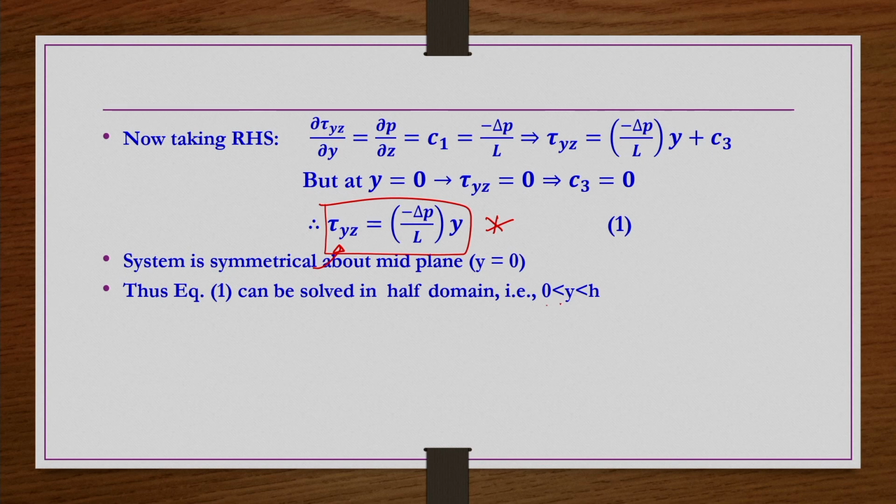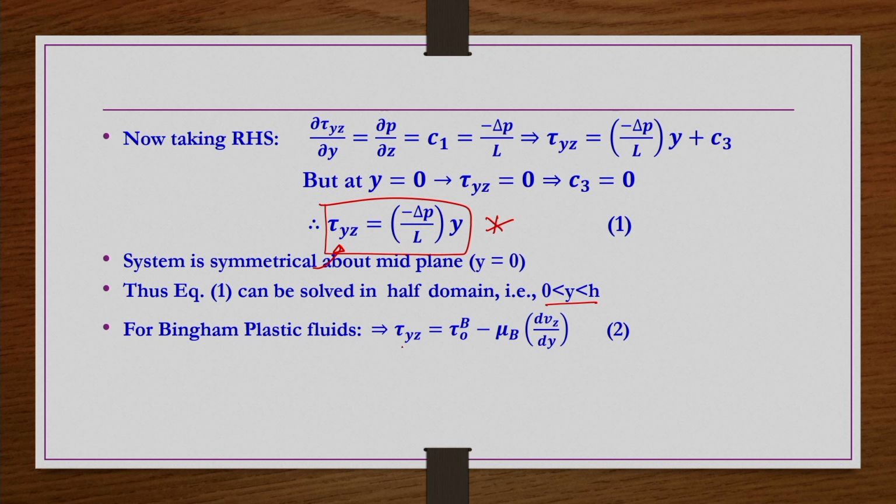So we solve only in the upper half domain, to reduce the mathematical listing and simplification steps. Then tau yz equals tau naught b plus mu b times minus dvz by dy. I have written the minus before the mu b. Why minus dvz by dy?